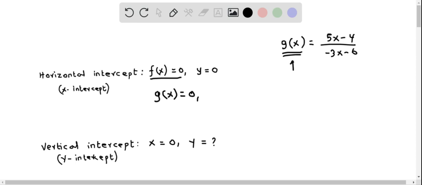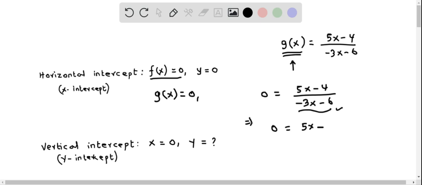If I put g of x equals 0, I get 0 equals 5x minus 4 divided by negative 3x minus 6. Now I multiply both sides by the denominator expression, so on the left side 0 times the denominator becomes 0, and this equals 5x minus 4.